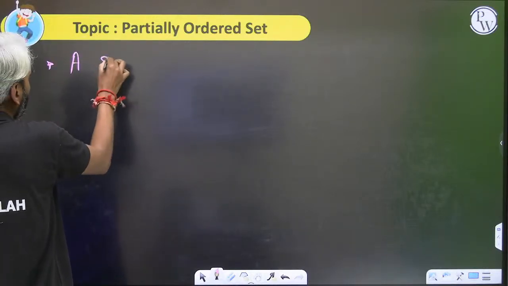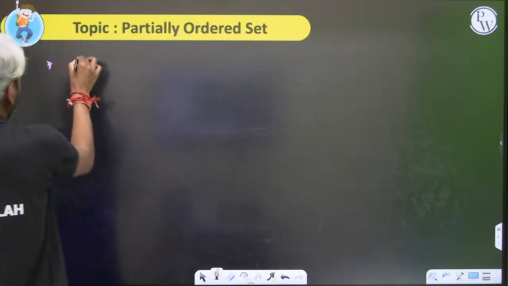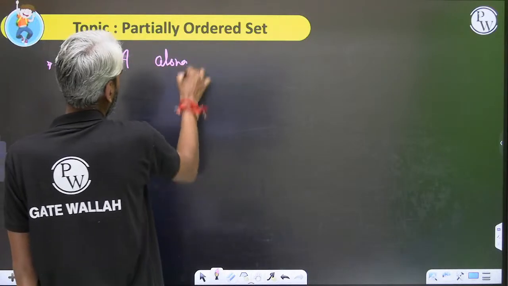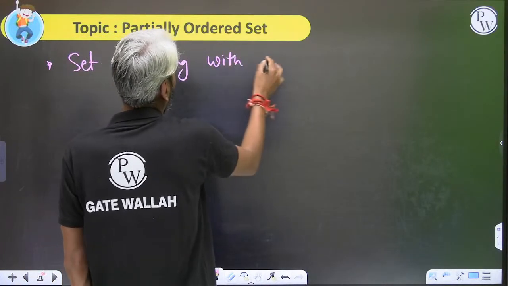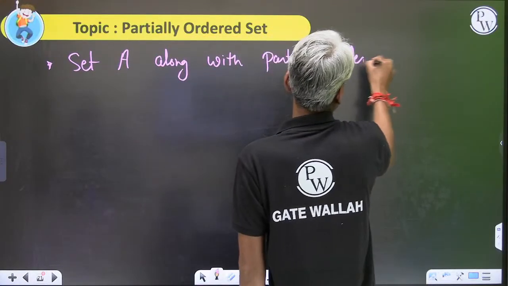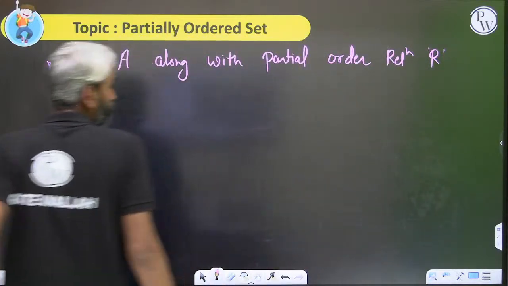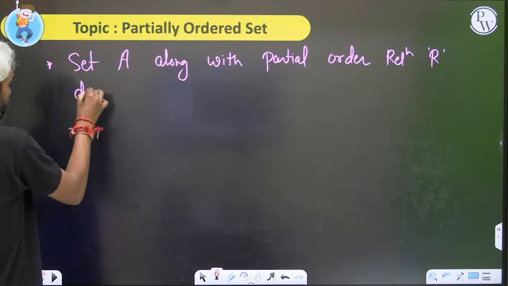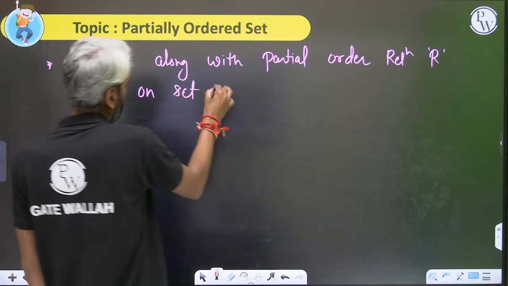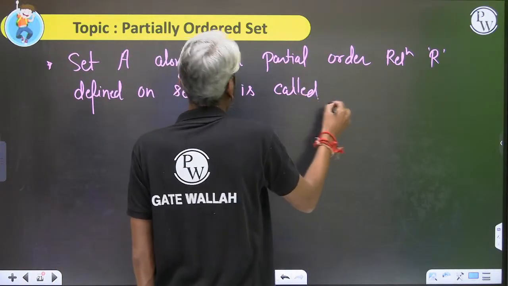A set A along with a partial order relation R defined on set A is called a partially ordered set.